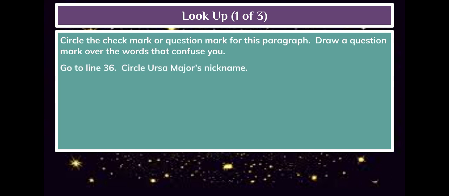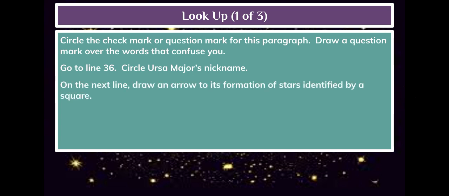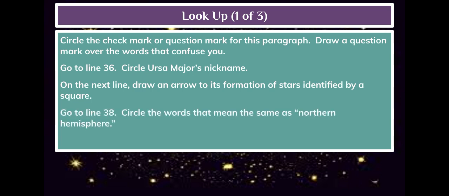Go to line 36. Circle Ursa Major's nickname. On the next line, draw an arrow to its famous formation of stars identified by a square. Go to line 38. Circle the words that mean the same as Northern Hemisphere.